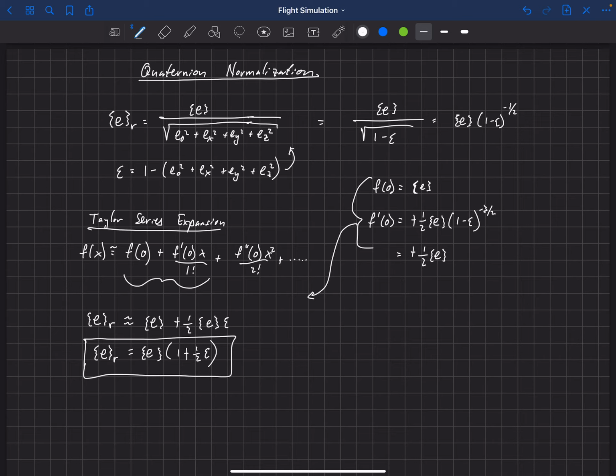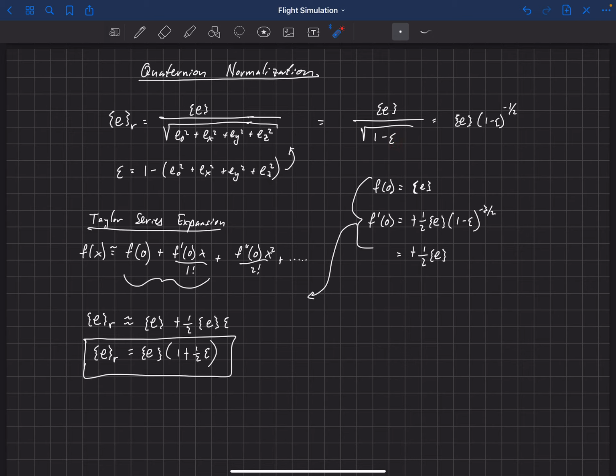And this is actually significantly faster. Like I said, the traditional method can take anywhere between 50% and 250% longer. It depends on how long a square root or divide takes on the actual hardware that you're running on. It is not quite as accurate, because we're using this Taylor series expansion, only including the first 2 terms, and neglecting higher order terms.